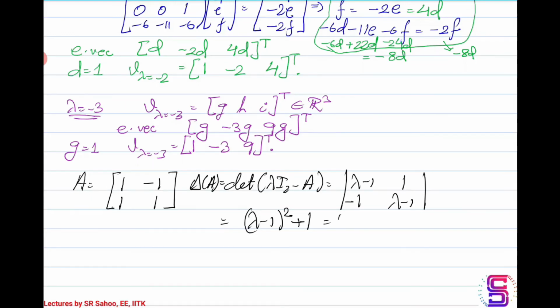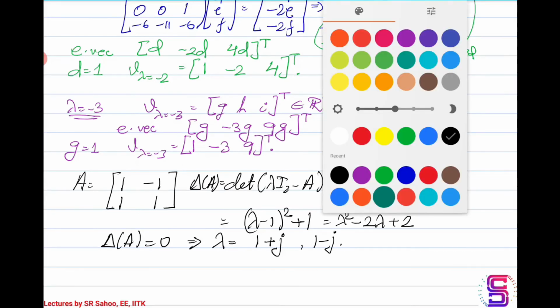If I want to expand, this will be lambda squared minus 2 lambda plus 2. If I want to find the roots, I'll just equate this to 0, and when I solve this, I find that my eigenvalues are 1 plus j and 1 minus j.